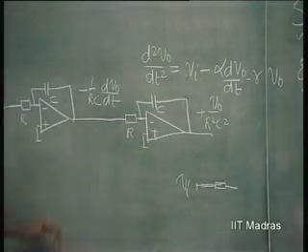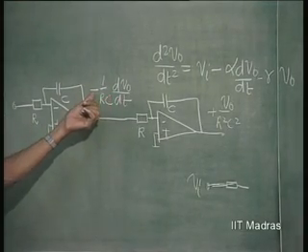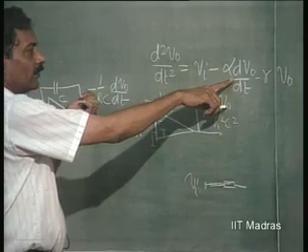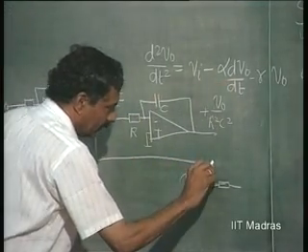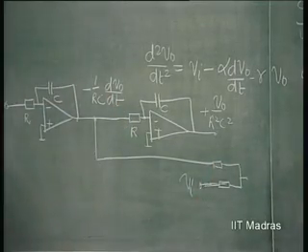Let us see another thing. As far as this dV naught by dt is concerned, already there is a negative sign, and that has to come as such without any change of sign. That means this also should be connected to the non-inverting terminal.